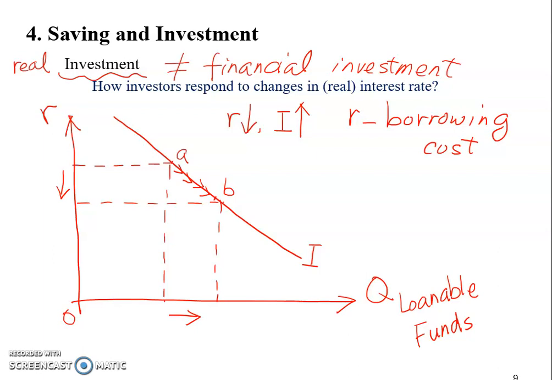So we would be charged for the borrowing, and the charge is the real interest rate. How much we have to pay for each dollar we borrow. So that's why here we said R is the borrowing cost.